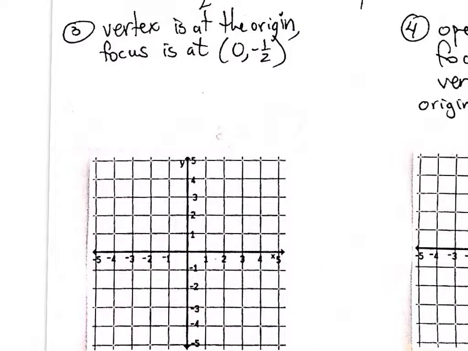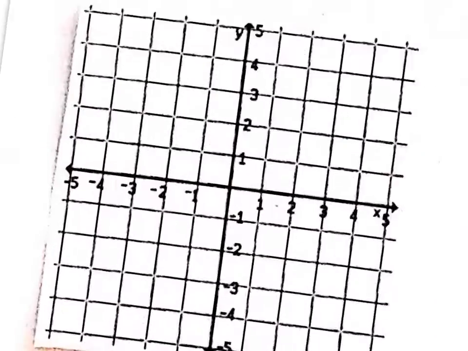Okay, so here is our vertex, and our focal point is at 0, negative 1/2. So from this, it's obvious that p, the distance between the vertex and the focal point, is 1/2.